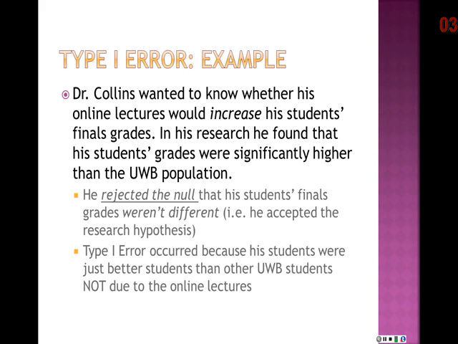And so, using the example of my classroom, or the sample of my classroom, that is just simply a poor sample because the class itself just happens to be better at statistics. And so naturally their grades on finals exams are going to be better, right? So it's not because of the online lectures, but because of something else. So this is an idea of poor sampling that's coming through. And so this is an example of a type 1 error.